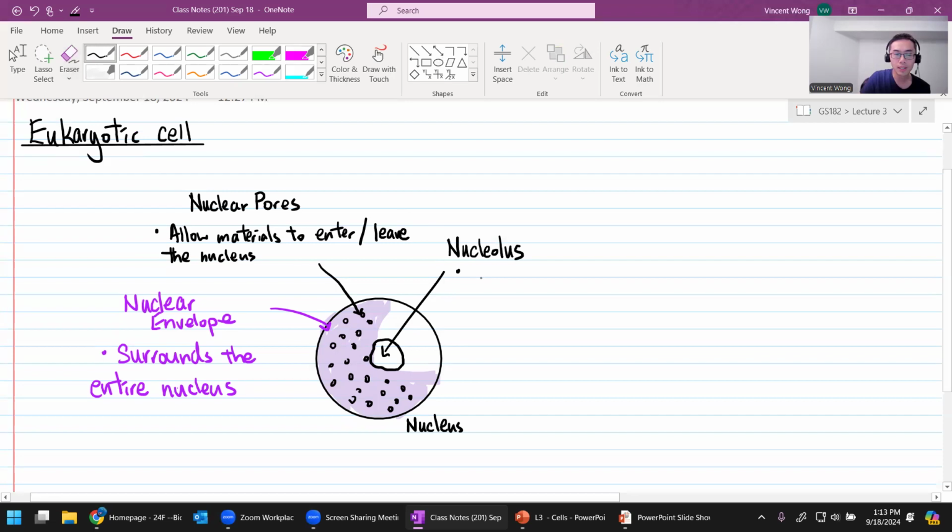The nucleolus produces another organelle. Remember, organelles are just these structures that we find inside a cell, and they have specialized functions.